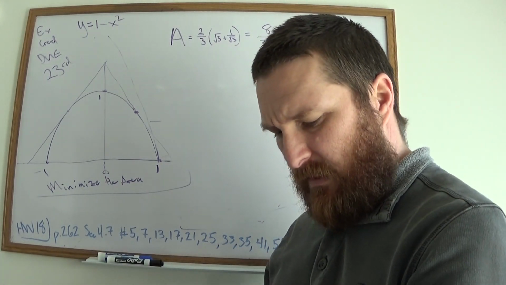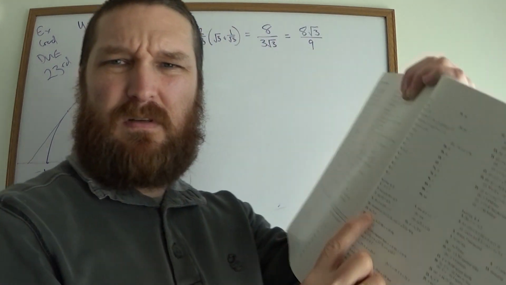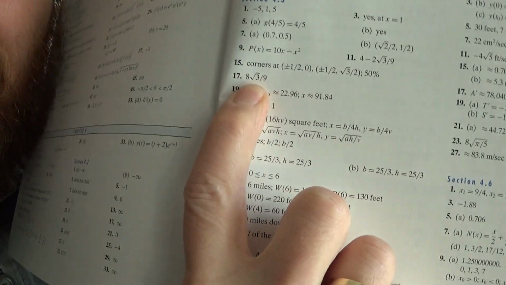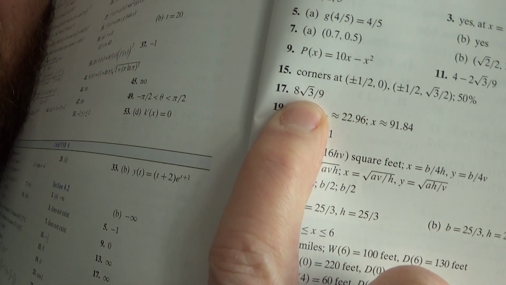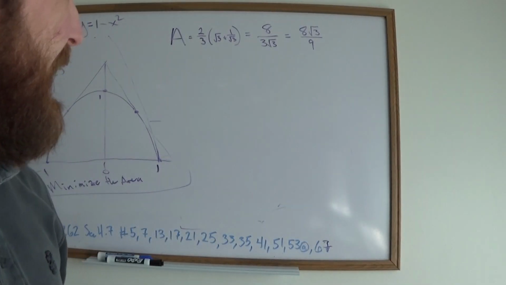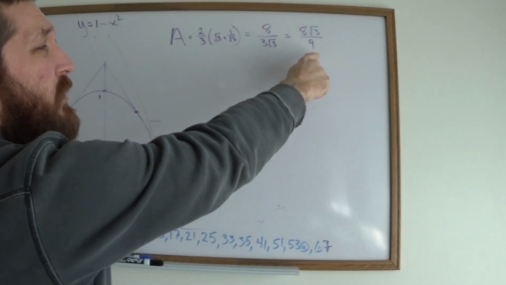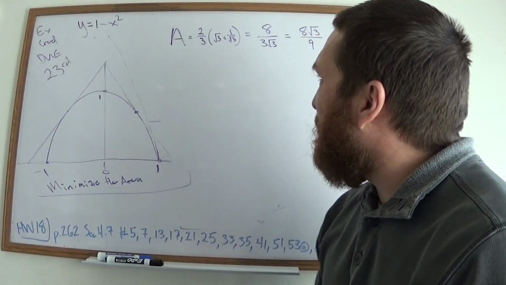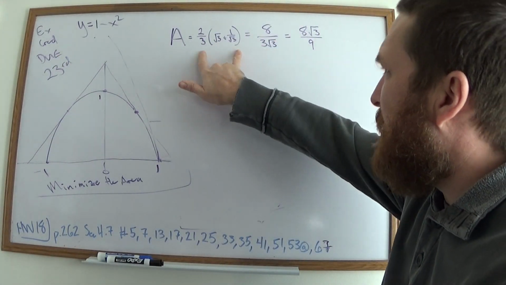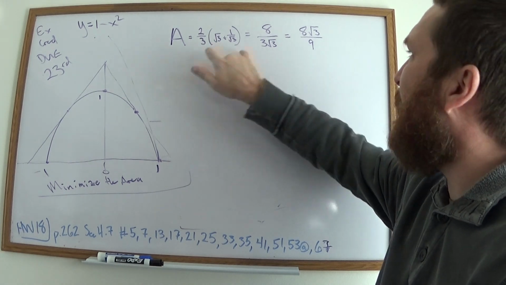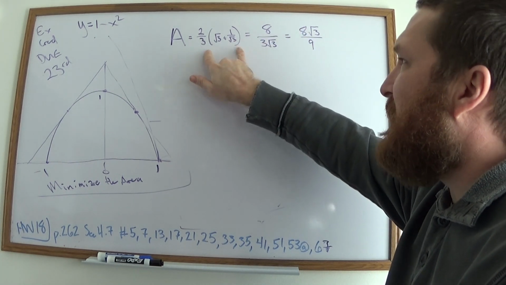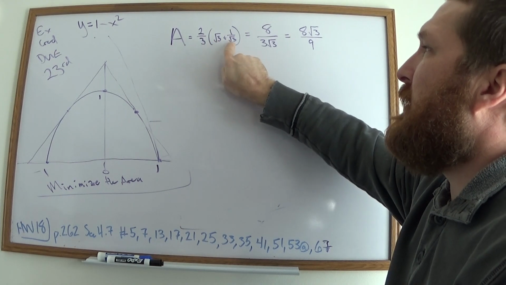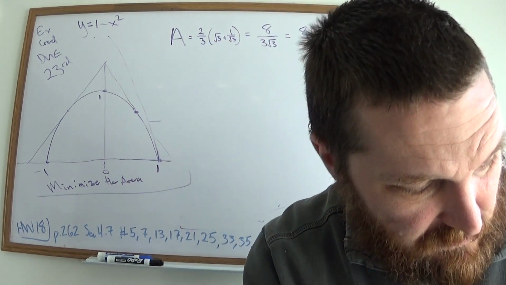And here in the back, you can see the answer to number 17. It is 8 times square root of 3 over 9. Now, you might not get it that way. You might end up with this answer right there, and you go, that looks nothing like this, but it turns out that if you rearrange this guy right here, might as well do it since I have some time.